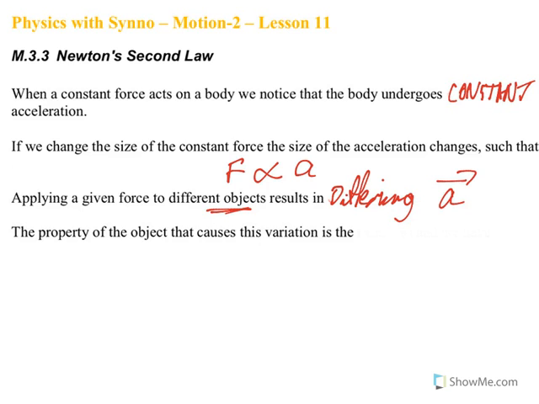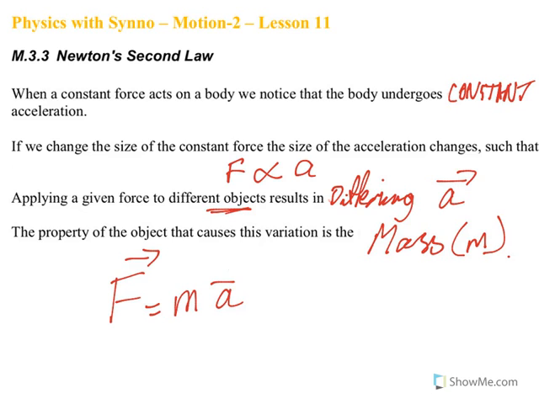It would mean that the property of the object that causes the variation in the accelerations is the mass, which is m. If we combine those things, what we get is that F equals ma.